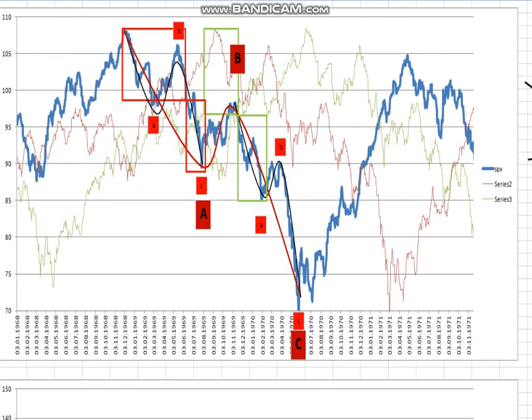Also, this is very messy, of course, but as you see, on this second move down we broke the 40-week offset in red here, generating this downside target with these red boxes, and this downside target was met.